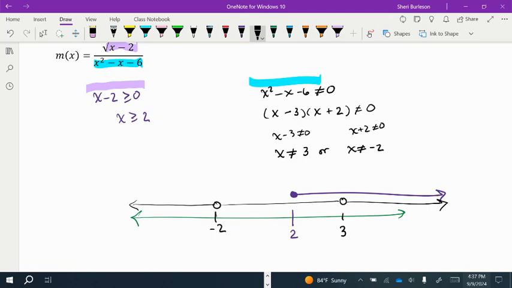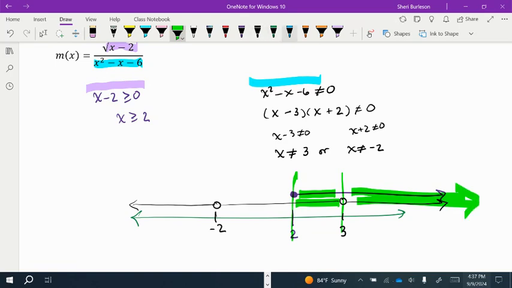So the domain of my entire function has to be where the function is defined always. So it has to be where these two domains overlap. So they overlap from here to here, but not including 3, because 3 is not defined in both of them. And then they overlap from here on out.